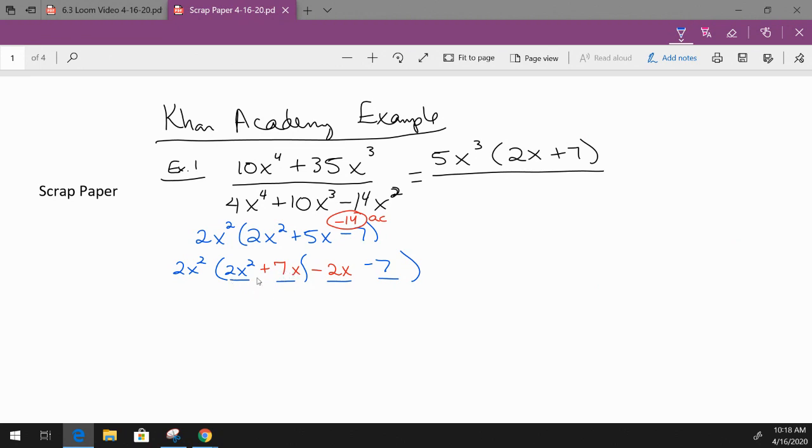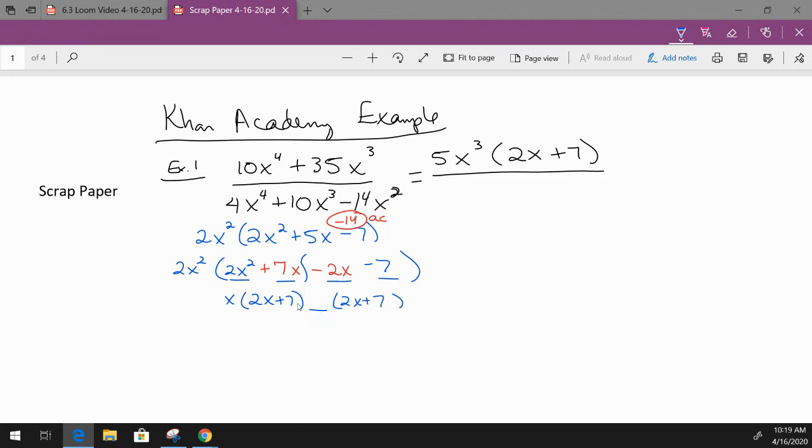So separate your first two terms from your second two terms. From the first two terms, I can factor out an x from both of these, which leaves me with 2x plus 7. From the second two terms, I want to factor out something so that I end up getting 2x plus 7 to match this 2x plus 7.